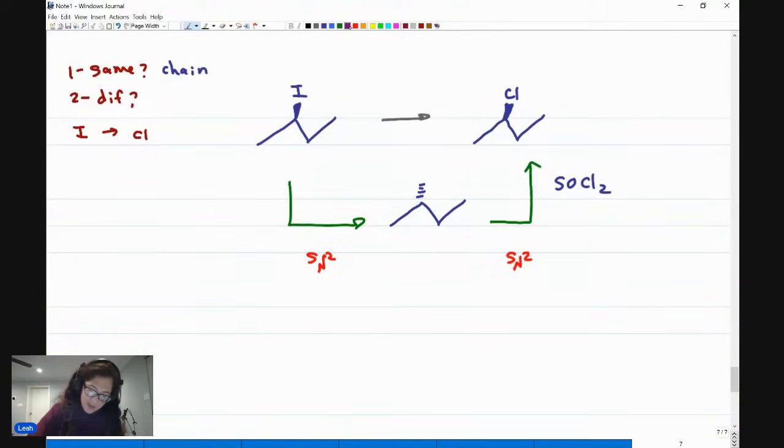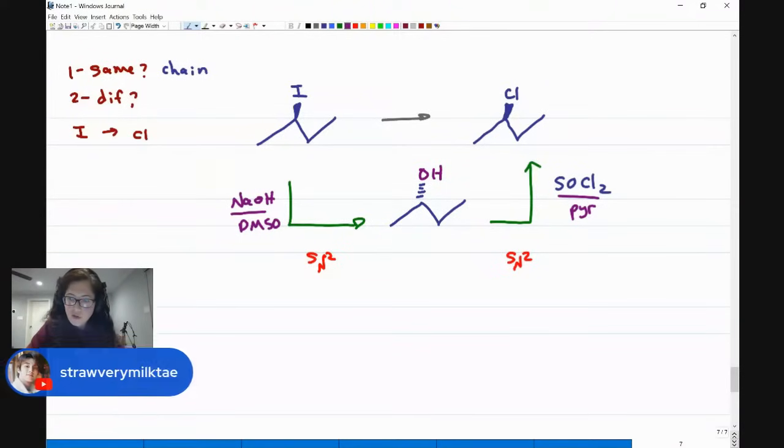So what if I make this an alcohol by using something like NaOH in DMSO, and then SOCl2 in pyridine, I get an alcohol and I kick it out. SN2, SN2, a double inversion of configuration is a retention of configuration.